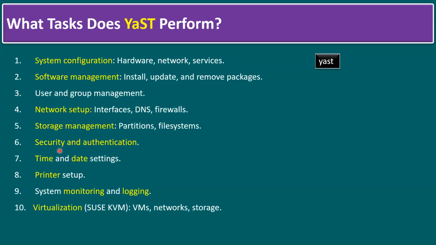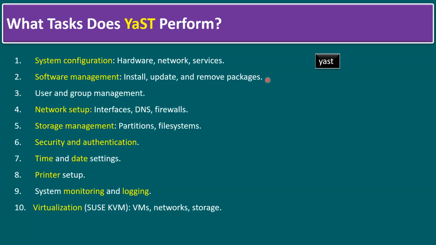In addition, YaST helps to manage security and authentication, modify the time and date settings, set up a printer, and we can also see our monitoring log information. We can enable the SUSE KVM virtualization feature using the YaST command only, and it will help you to create VMs and manage our SUSE networks and the SUSE operating system storage information as well.